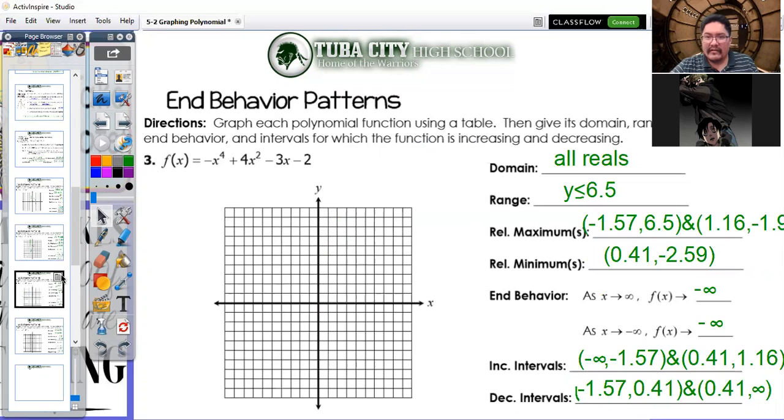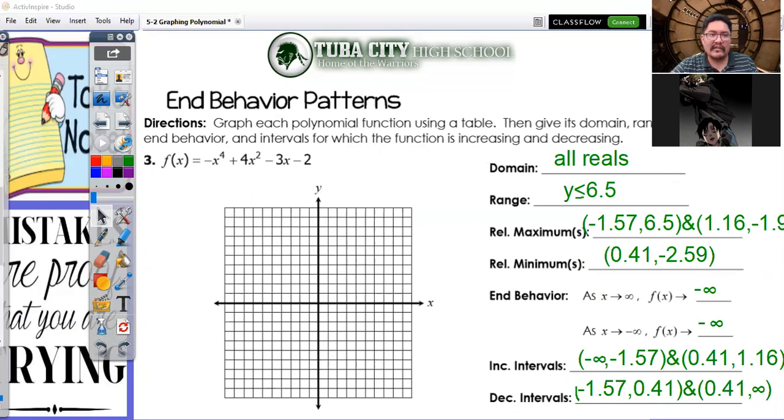So again, here are the features, and don't worry, I'll give you a few seconds to get that one copied down, and I'm going to go get the graph ready, that way you're not trying to write it while I am discussing it.